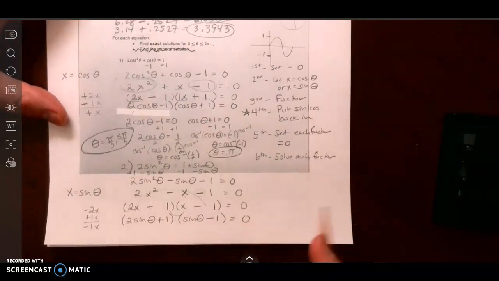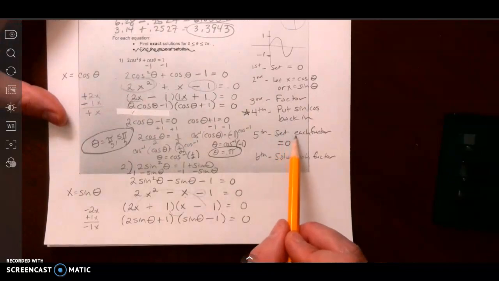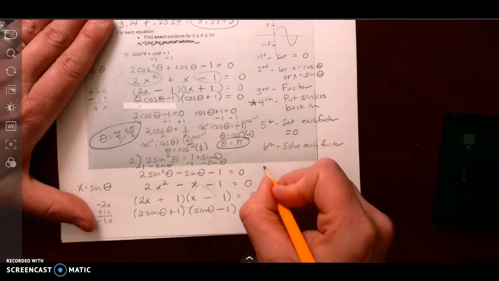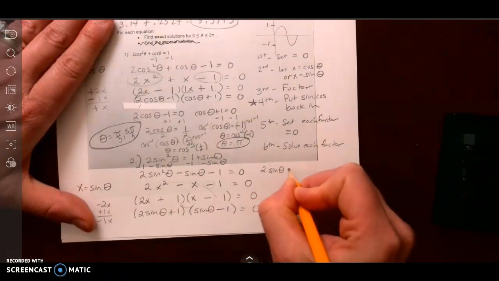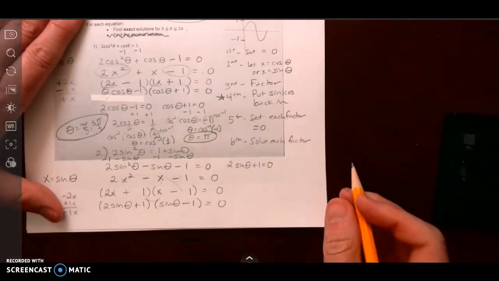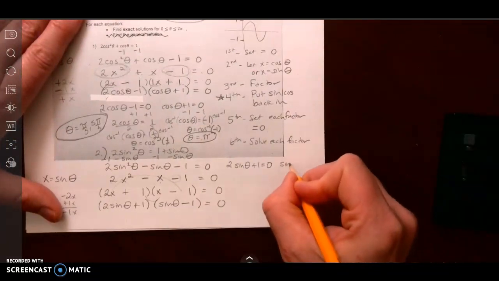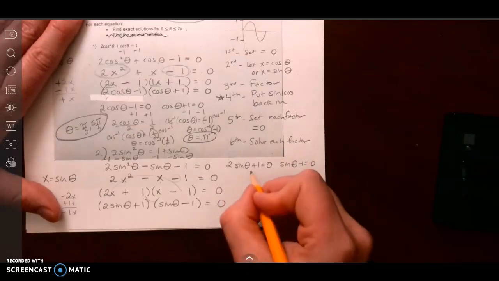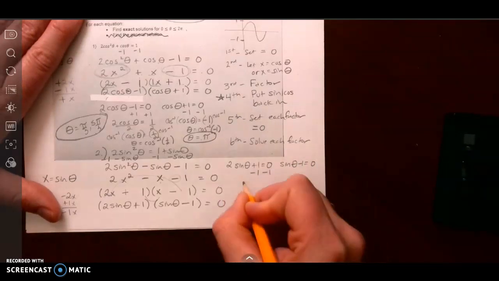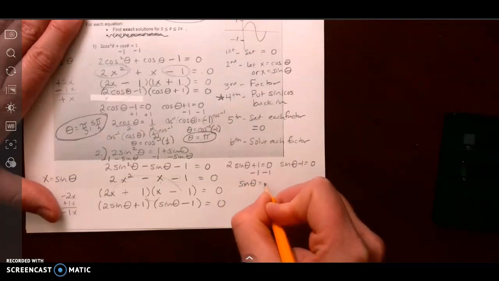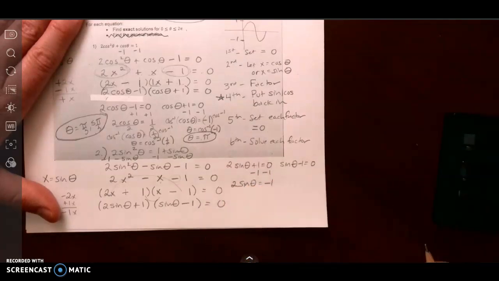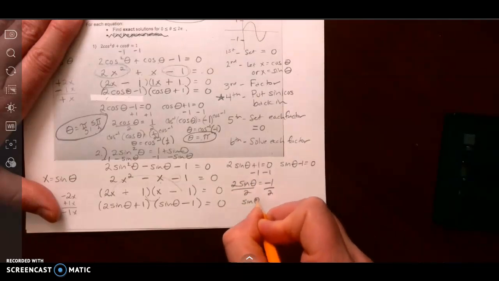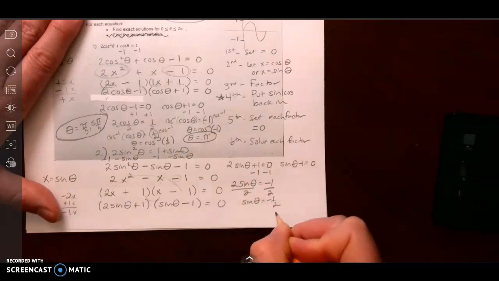My next step says set each factor equal to 0. So I'm going to come over here to do that. 2 times the sine of theta plus 1 equals 0. And sine of theta minus 1 equals 0. Subtract 1. I'm sorry, 2 sine of theta equals -1. Divide by 2. Sine of theta equals -1/2.